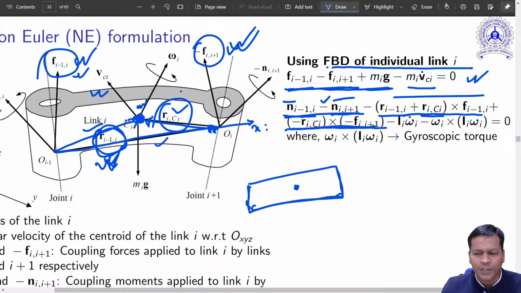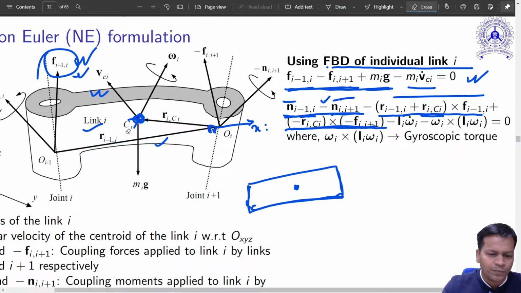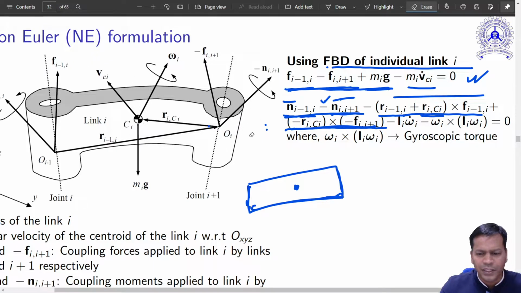So now this will create all sorts of motion. So let us see what motion is caused and what are the moments, forces which are related to that. Yes, so this will create I omega dot.